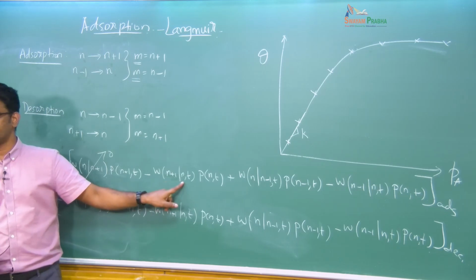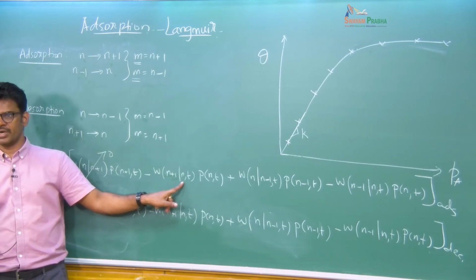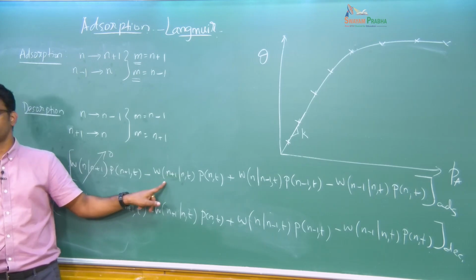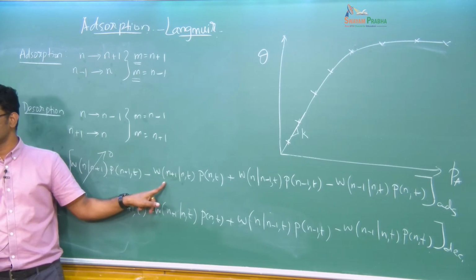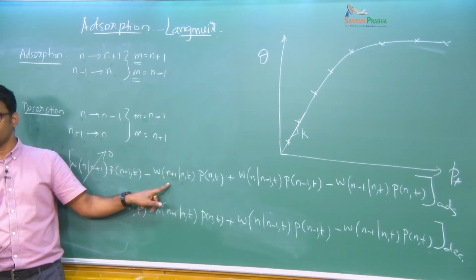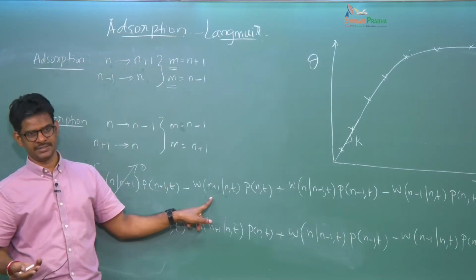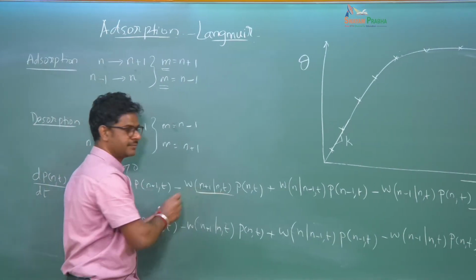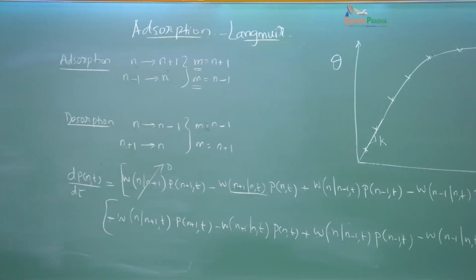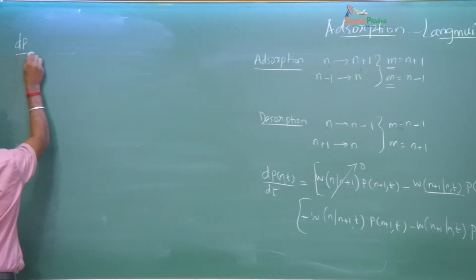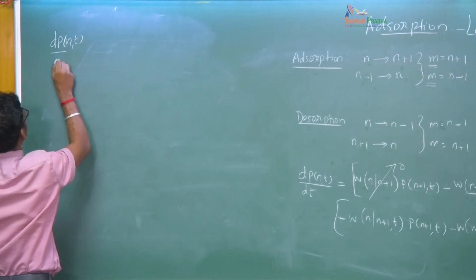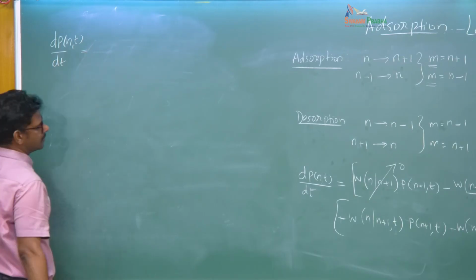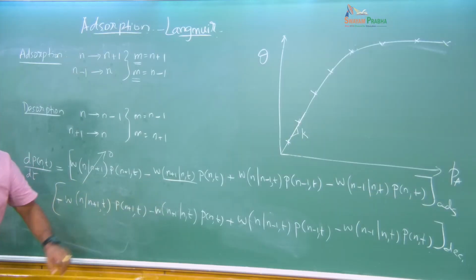Is it possible that the system is at n, one adsorption happens, and then the system goes to n plus 1? Can we go from n to n plus 1 by adsorption? Yes, right? So this is actually a finite quantity. So dP by dt, and what would this be?